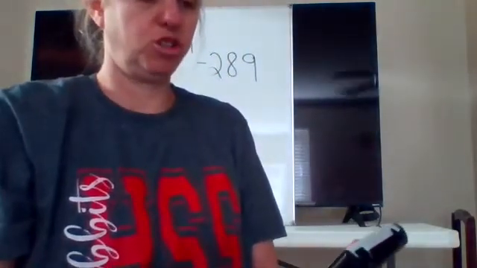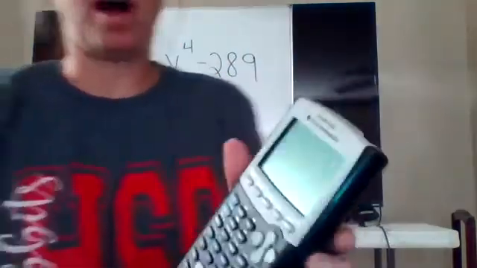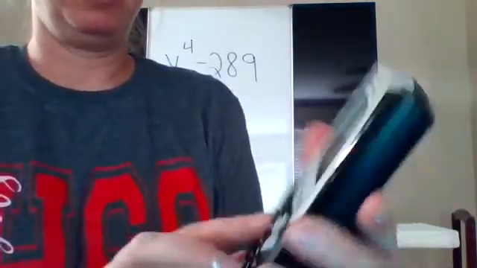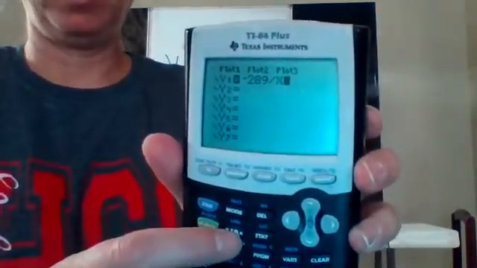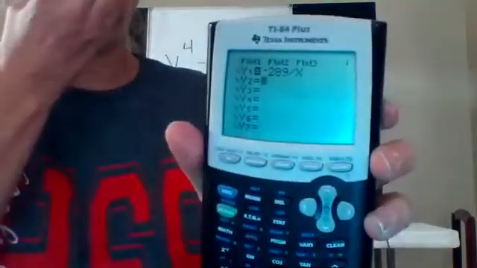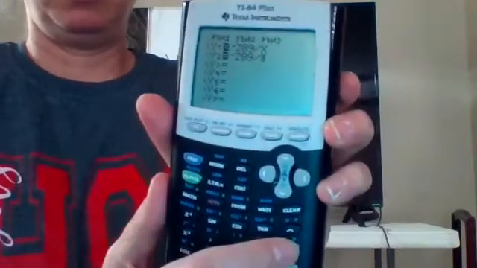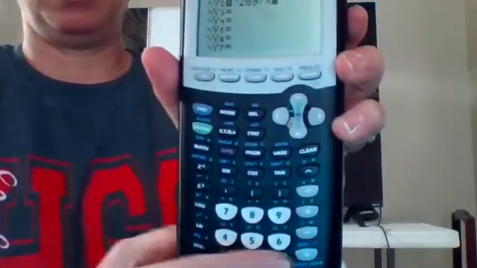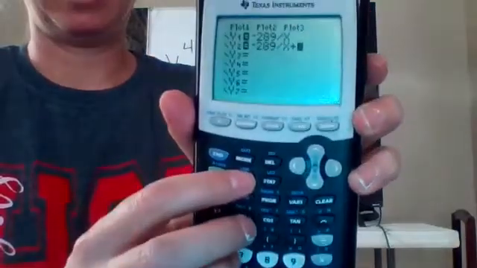So remember, you can still go to your y equals. There's 2 ways to do it. You can either go to your y equals and type in negative 289 divided by x, and then again, negative 289 divided by x, and then remember, hit your plus x.